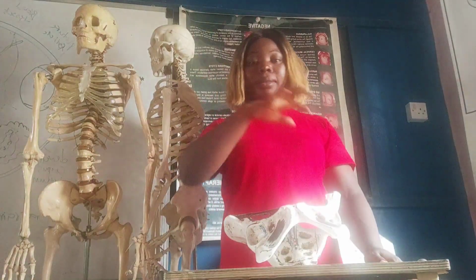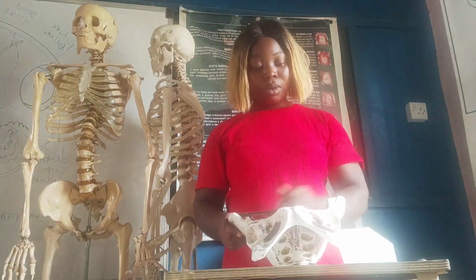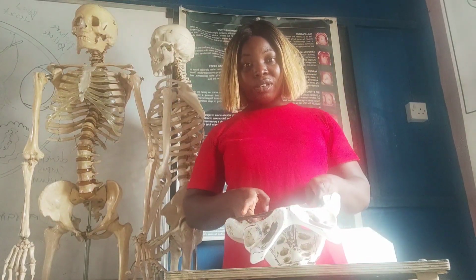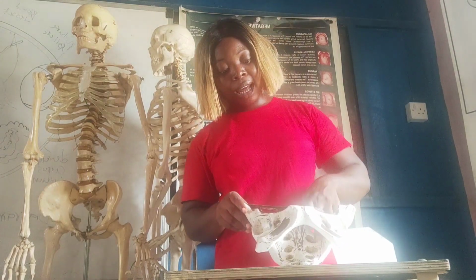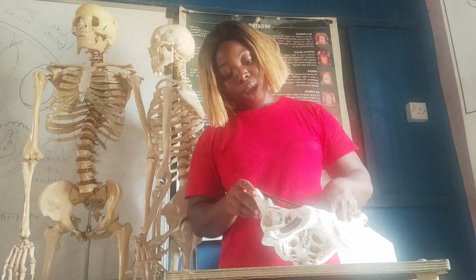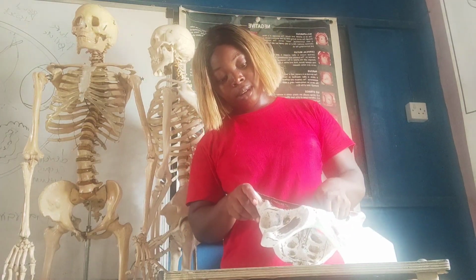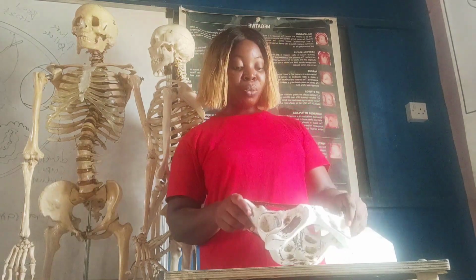In the landmarks now, we have the sacral promontory, we have the sacroiliac joints, the sacral ala, the iliopectineal line, which is just an imaginary line on this ilium. We have the iliopectineal eminence, just like a roughened part on this ilium.